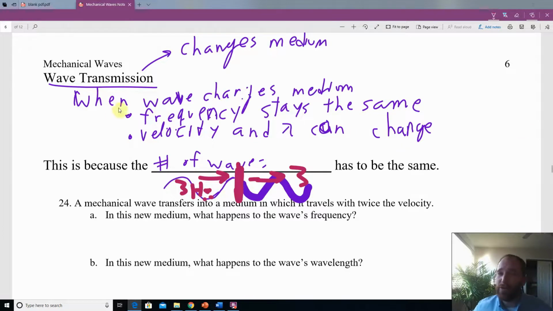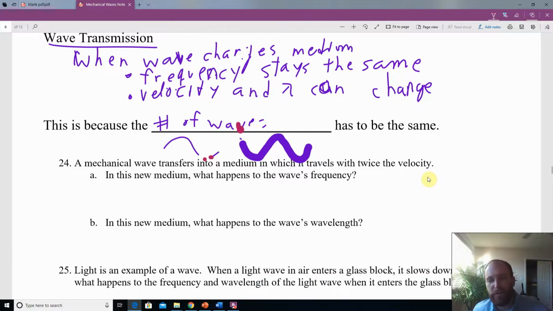You're creating energy when you do that. That's not how physics works. In the same way, if you sent in 10 waves per second, how many waves should come out? 10. So the frequency will stay the same, but the wavelength and speed can change. The speed depends on what it's made out of. So waves can travel faster through some materials than other materials.